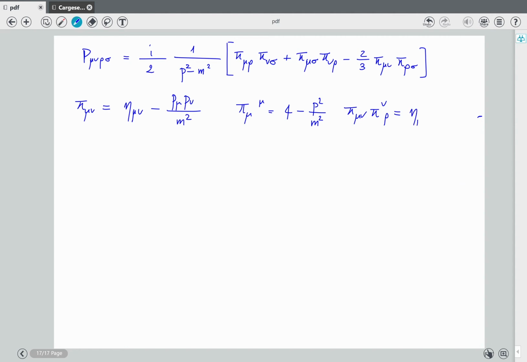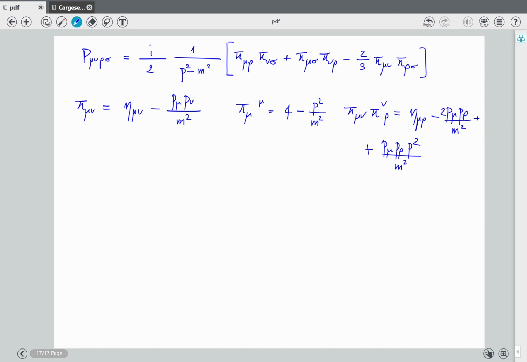That's eta, so it's like the square of the first term, minus p mu p rho divided by m squared, minus 2 because there is a double product there. And finally, there is the square of the second term, which is equal to p mu p rho p squared divided by m squared.